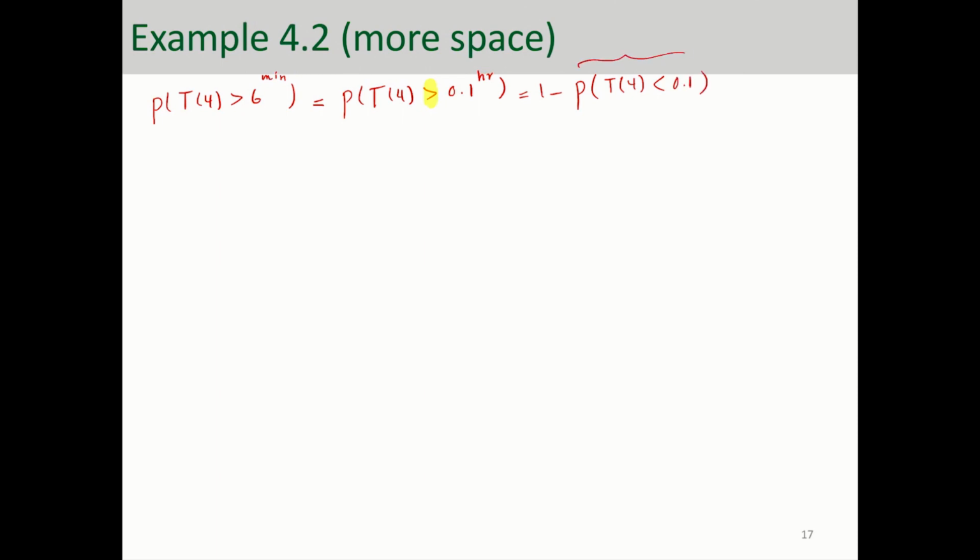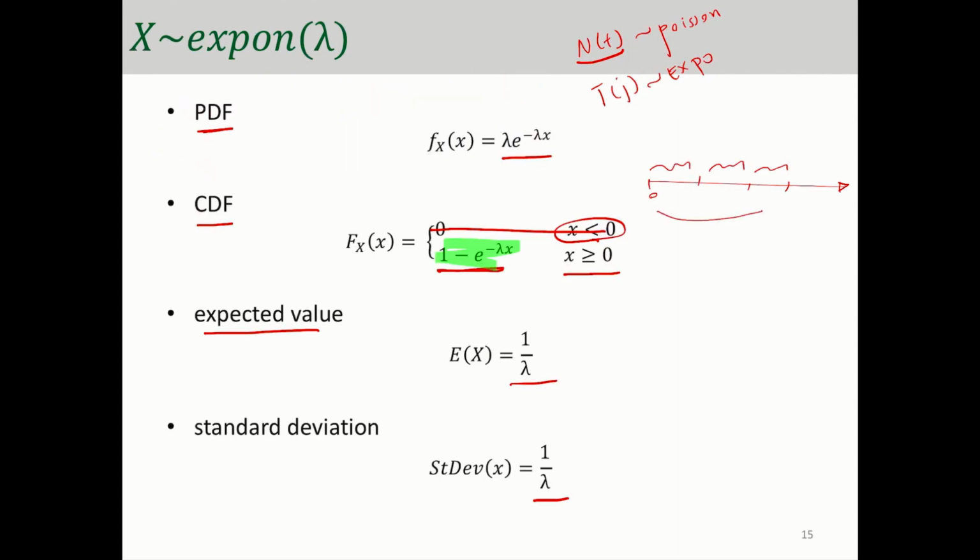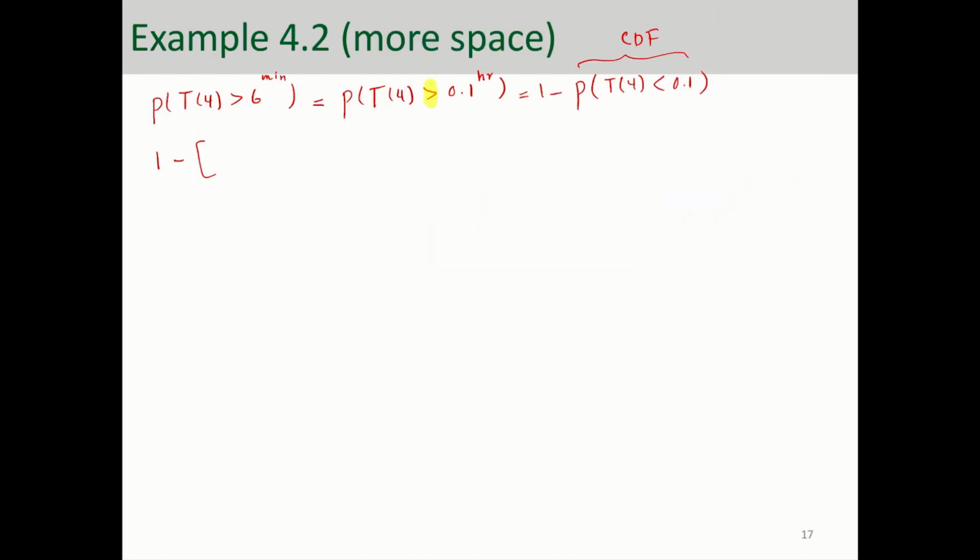And now here is the CDF of exponential. And again, it's exponential because we're talking about inter-arrival time. 1 minus the CDF of exponential. Again, here, the highlighted part is also 1 minus e to the negative lambda x.